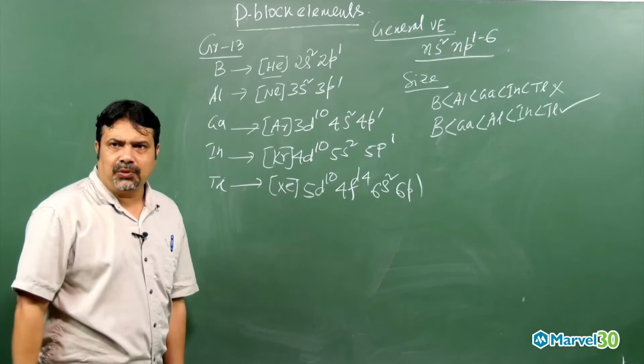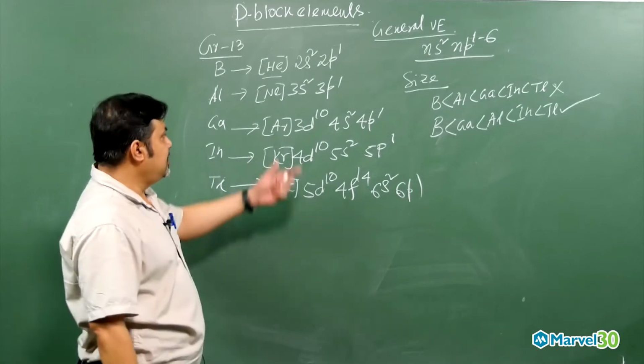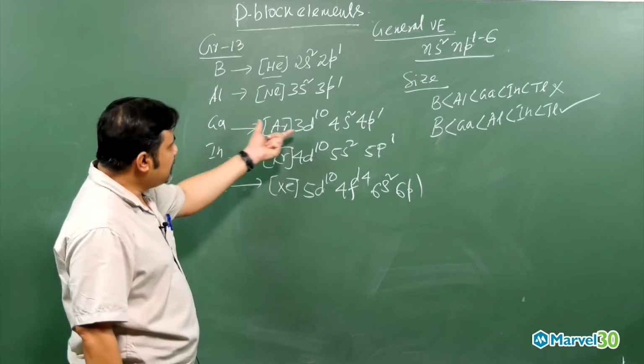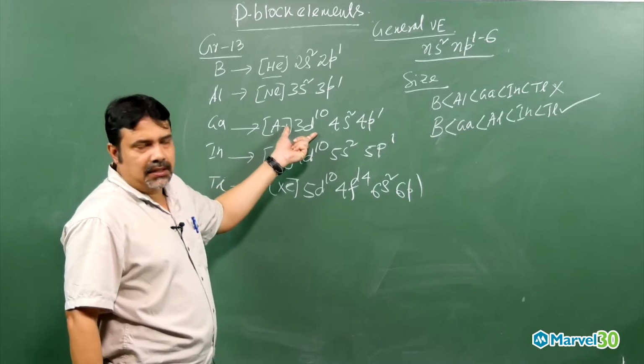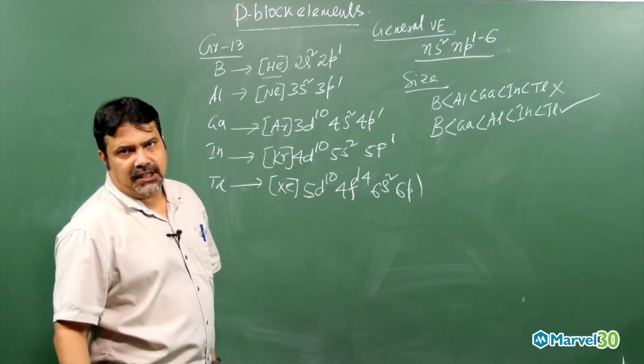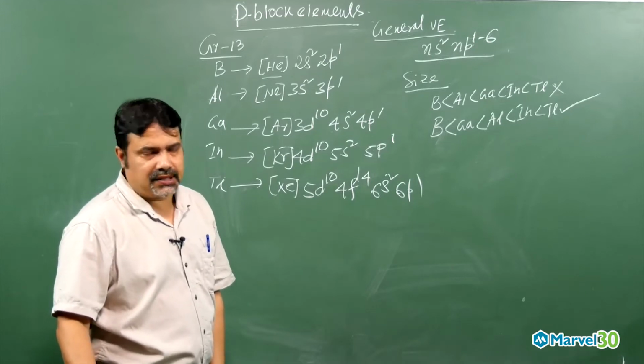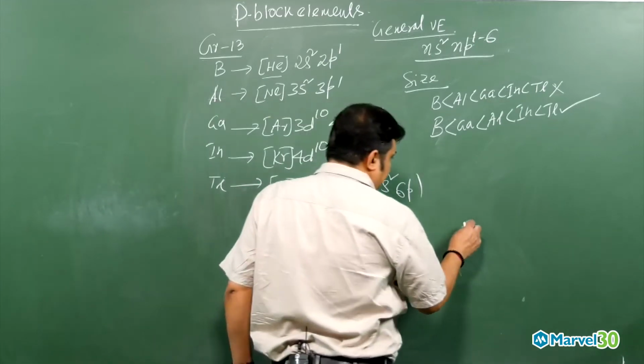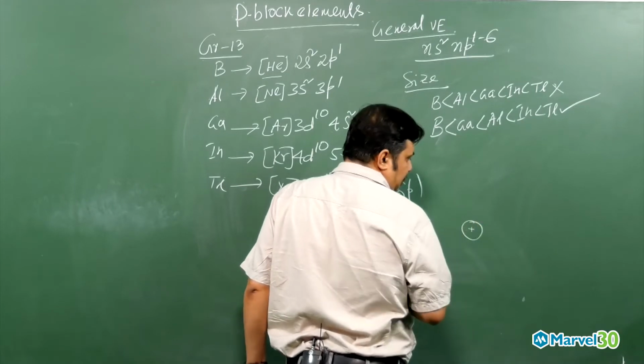Why is this order observed? Reason: you look at the gallium electronic configuration, 3d10. The d orbital has a very poor shielding effect, and so does the f orbital. What is shielding effect? Suppose there is a nucleus.